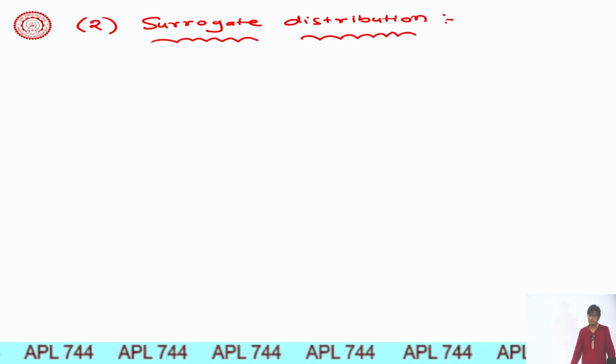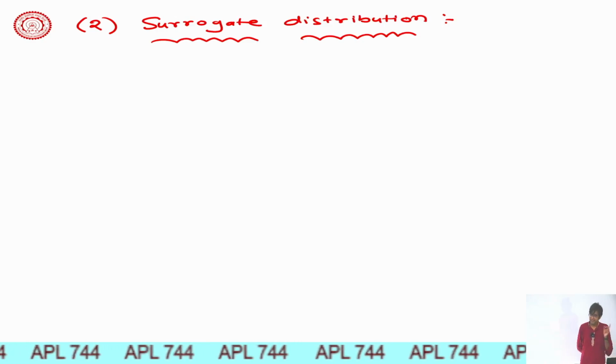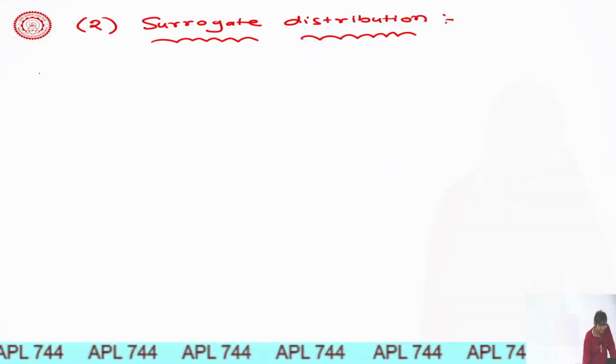This is the distribution with which you want to approximate the target distribution. Surrogate means replacement. So this is the replacement distribution. So this is the distribution with which the target distribution will be approximated.